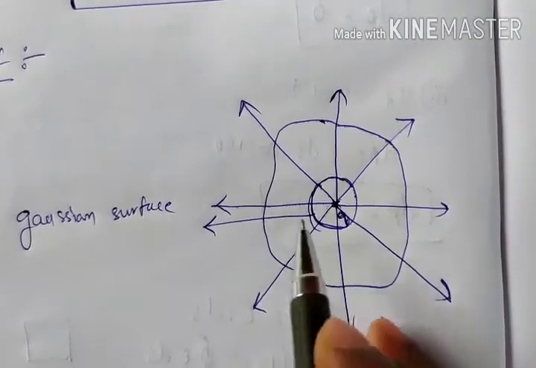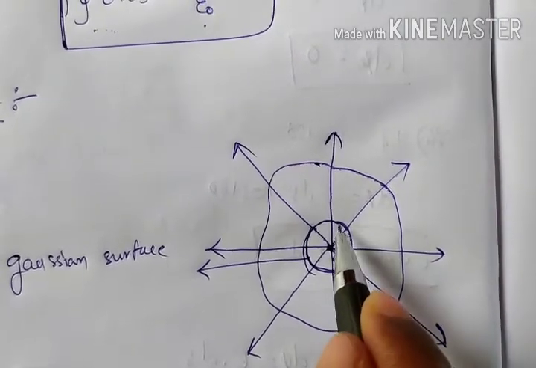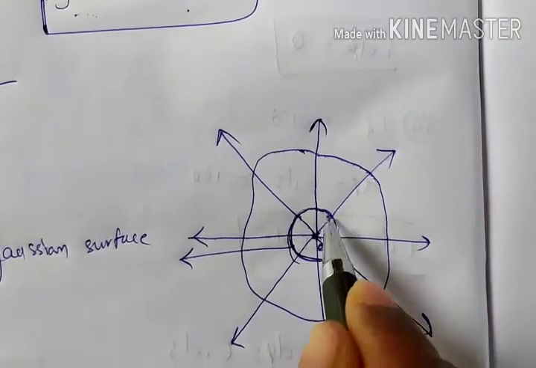In this Gaussian surface we consider a small area, and this small area is an area vector.